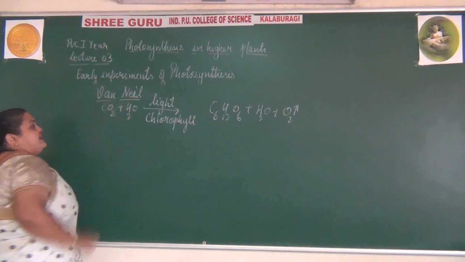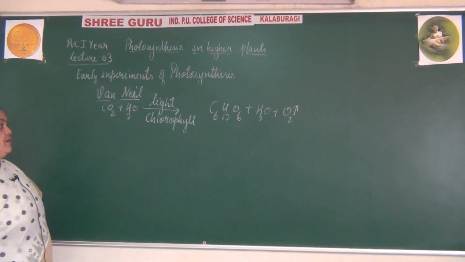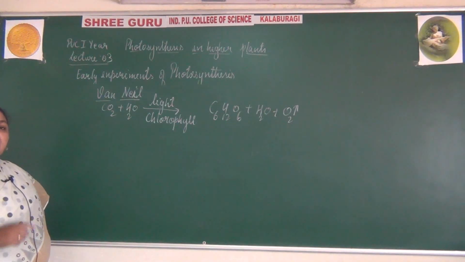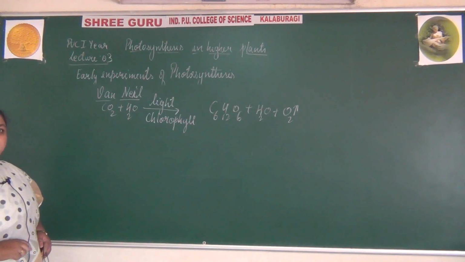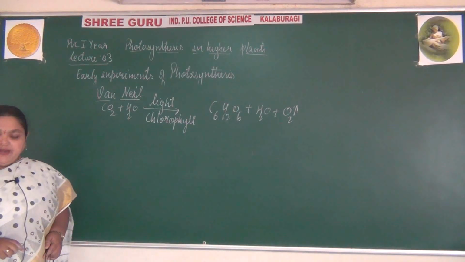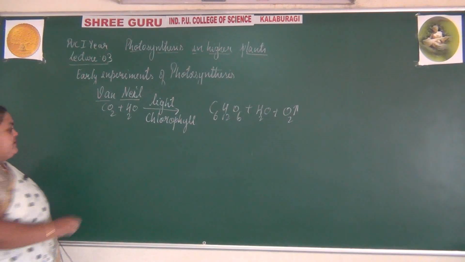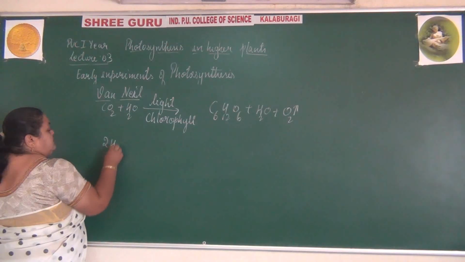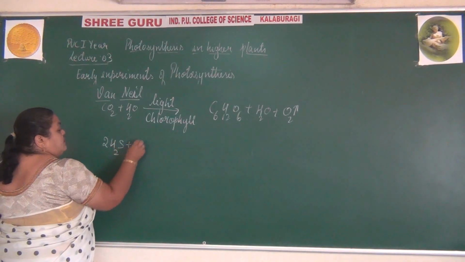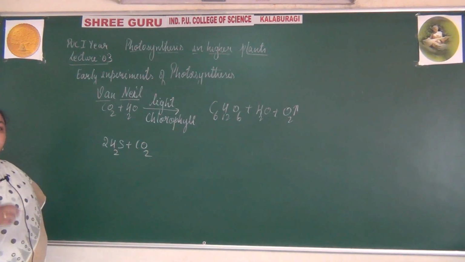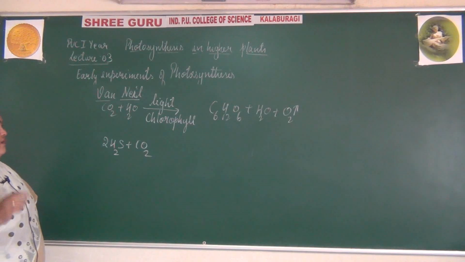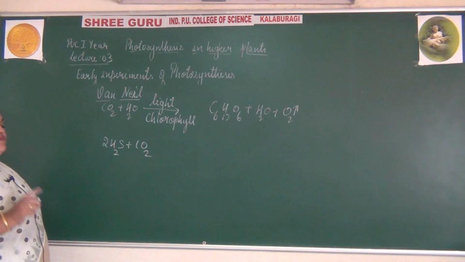But Van Niel used the purple sulfur bacteria in his experiment. In that experiment, hydrogen sulfide, they were grown there where there was absence of water.